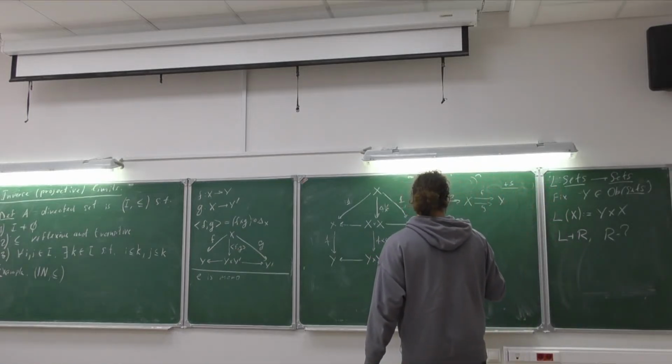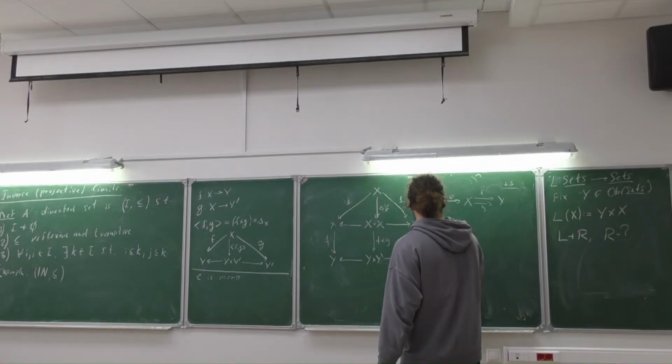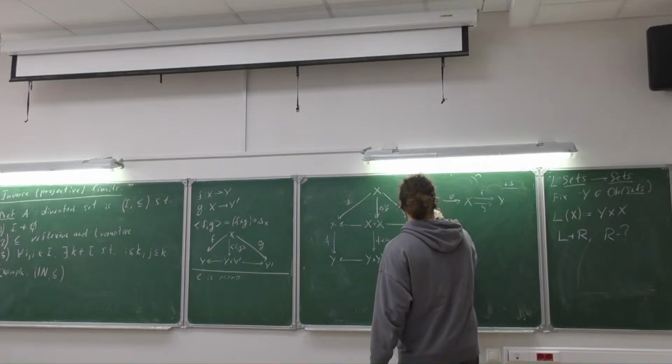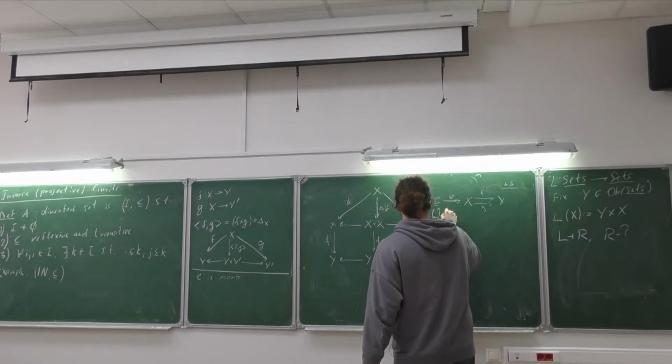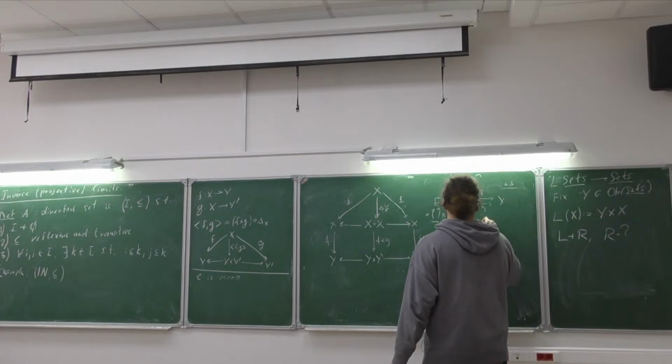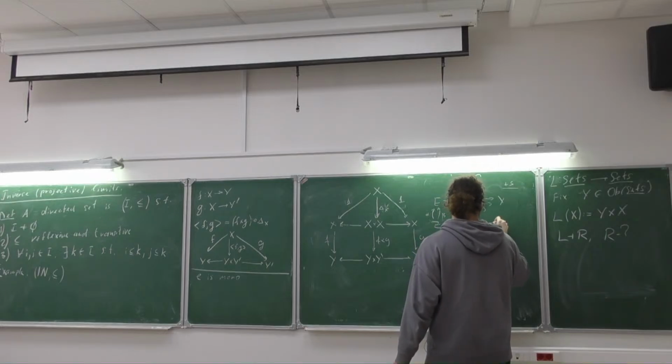So, how do we show this? Assume that there is some object z and two morphisms with the target e, say alpha and beta, and we want to show that e is cancelable on the right.